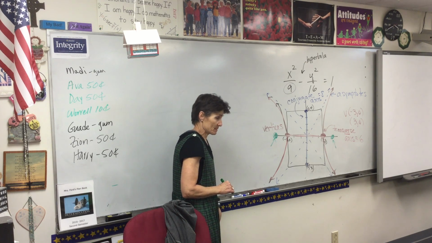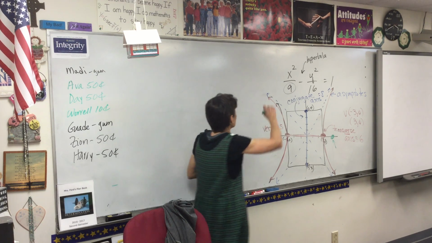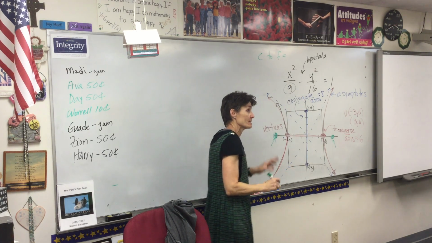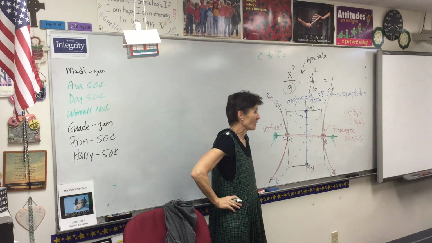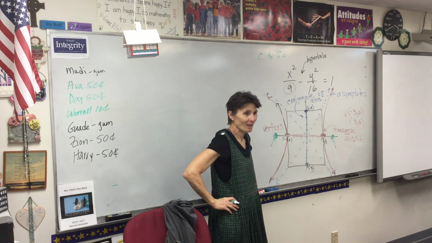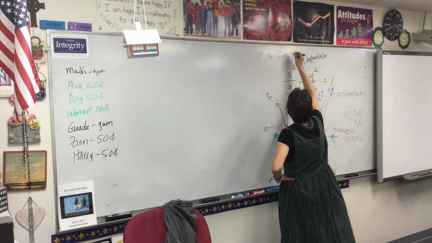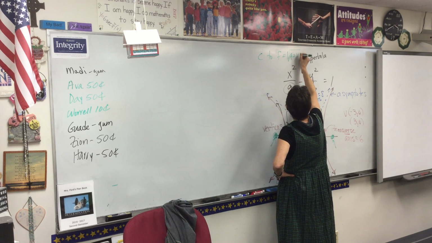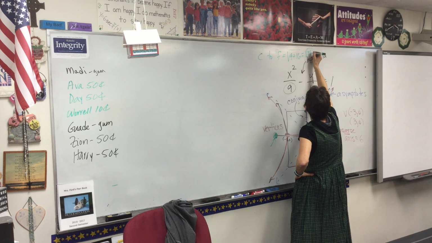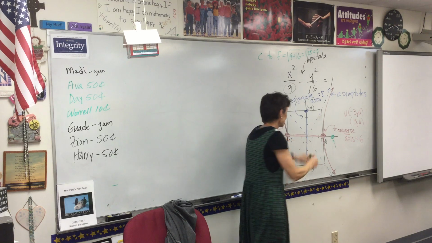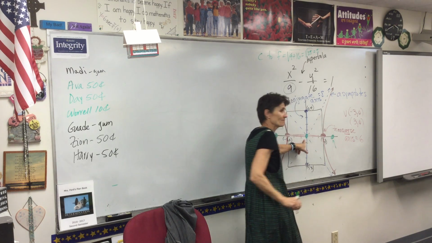In an ellipse, we find the distance from the center to the focus by subtracting the denominators and taking the square root. In a hyperbola, you add the denominators. So this is going to be the square root of 9 plus 16, which means 5. So we're going to start at the center. This is our center.